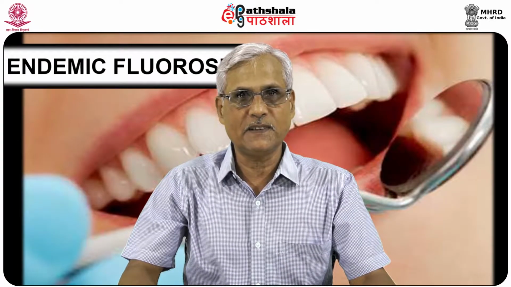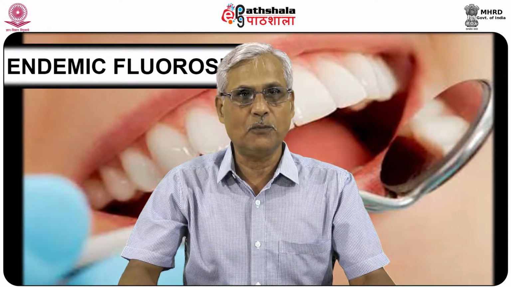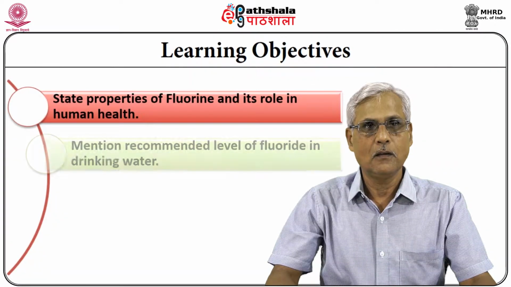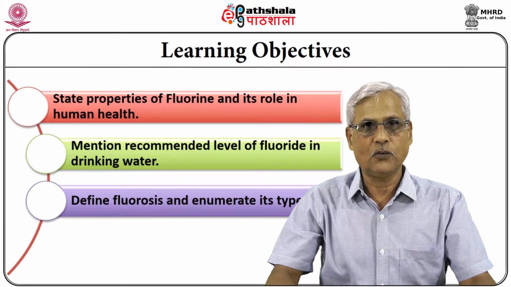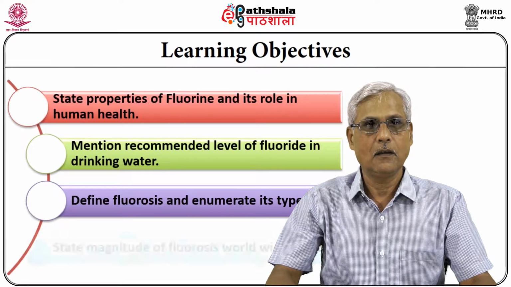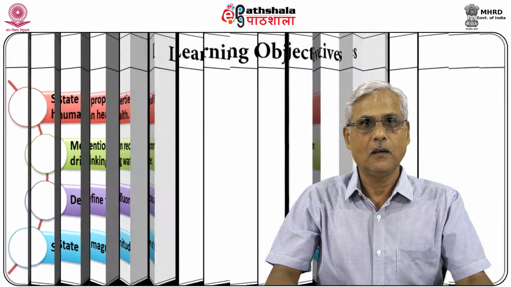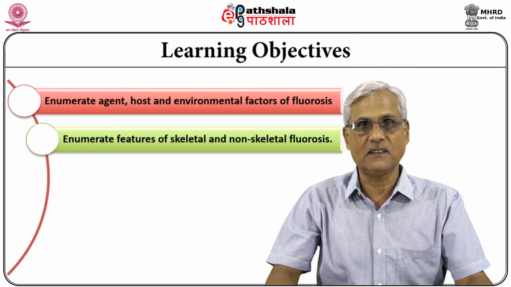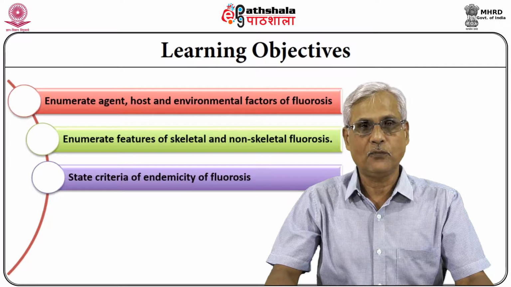The learning objectives that have been set for this module are: one should be able to state properties of fluorine and its role in human health, mention recommended level of fluoride in drinking water, define fluorosis and enumerate its types, state magnitude of fluorosis worldwide and in India, enumerate agent, host and environmental factors of fluorosis, enumerate features of skeletal and non-skeletal fluorosis, and state criteria of endemicity of fluorosis.